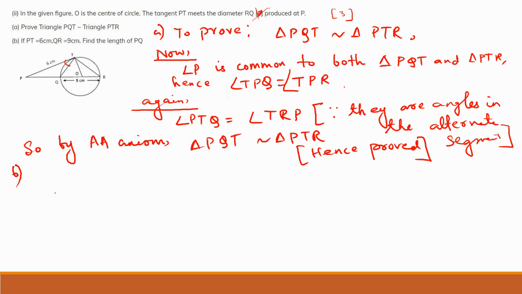Now comes the B part. Okay. So since both are similar, they have given PT as 6 centimeter and QR as 9 centimeter, and they asked you what will be the length of PQ. Okay. So you see PQ, the side opposite to this angle is PQ, right? What is the equal angle of PTR, PTQ?